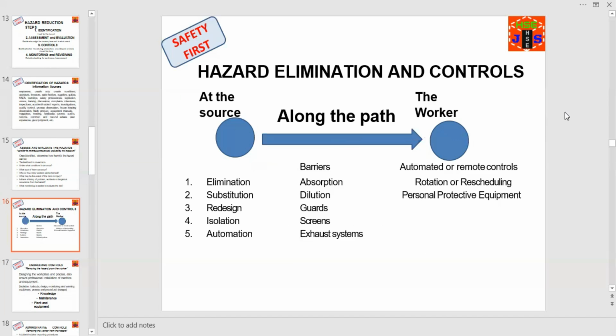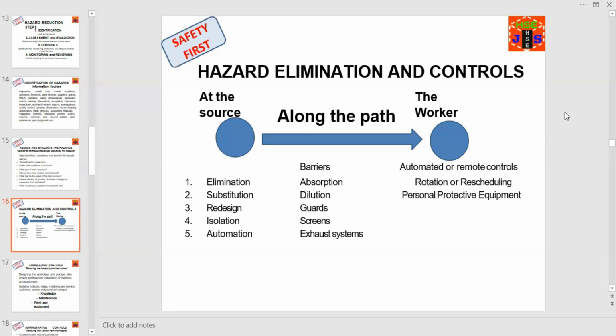Dear friends and colleagues, let us discuss hazard elimination and controls. At the source, along the path, at the worker. At the source, the strategies of control are number one, elimination, number two, substitution, number three, redesign, number four, isolation, and number five, automation.